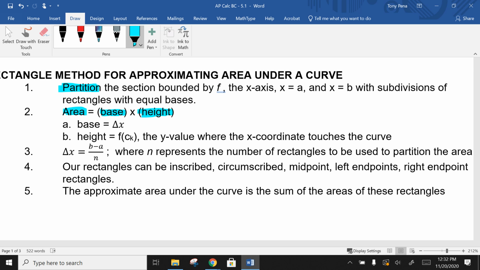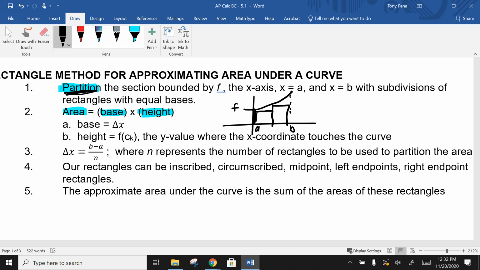Our base, let me draw this in down here a little bit better. So let me draw in a function that looks like this. So this will be f. We'll say this is A, the y-axis, and then we'll say this is B. So what we would do, I'll break it up into two right now. So I'm going to draw two rectangles.